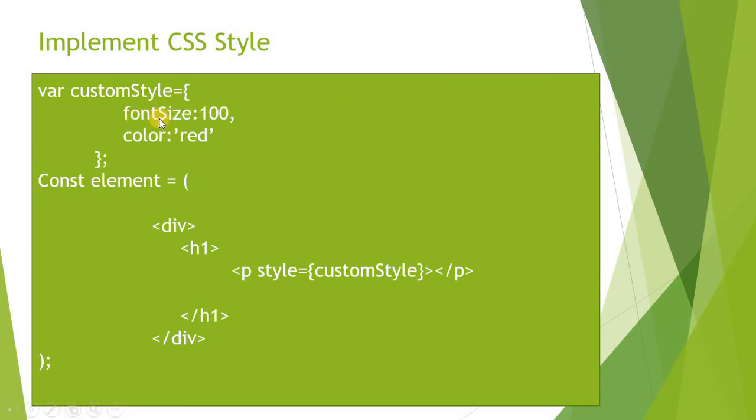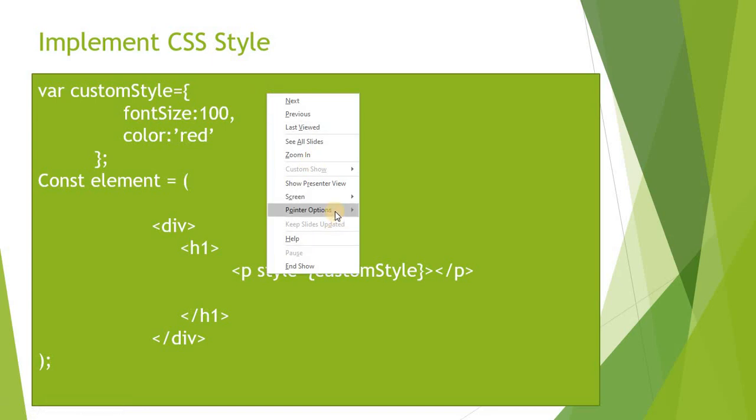In CSS, you know the property is font-size, with a hyphen, but in React the hyphen is removed and the second word is written in title case. So font-size is converted into fontSize with a capital S. Any CSS property that contains a hyphen between two words, you replace the second word's first letter with a capital letter.